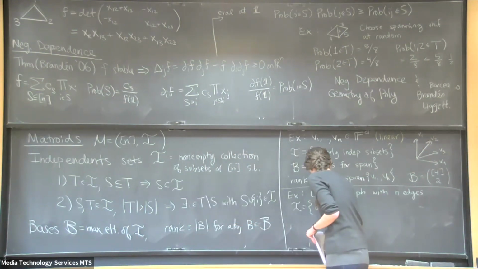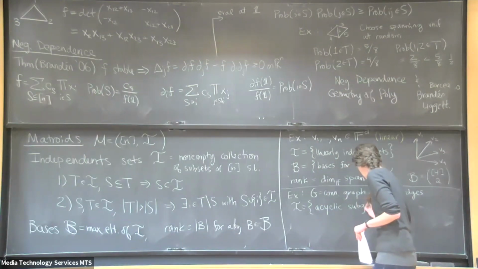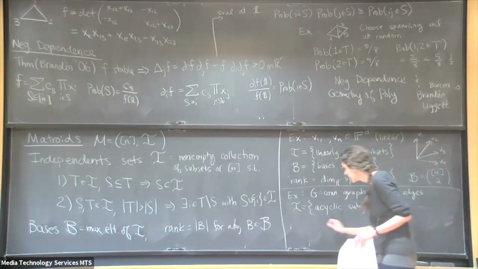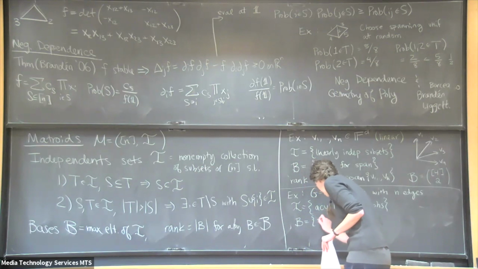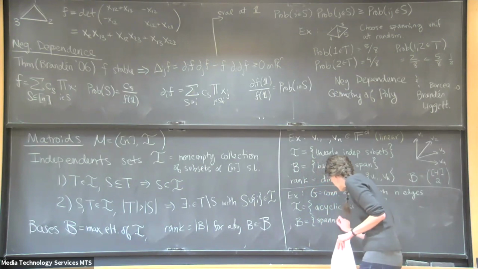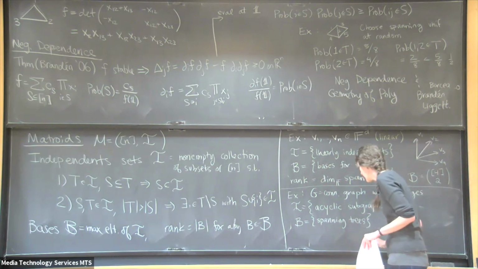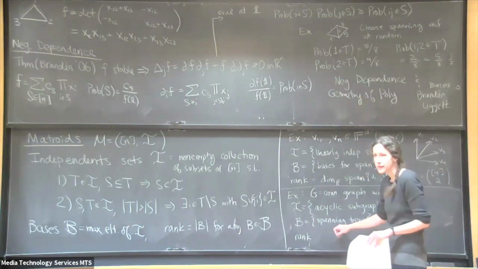If I take my independent sets to be my acyclic subgraphs, collections of edges without any cycles, the maximal ones will be spanning trees. Collections of edges correspond to spanning trees. In this case, the rank will just be the size of any spanning tree, which is the number of vertices.